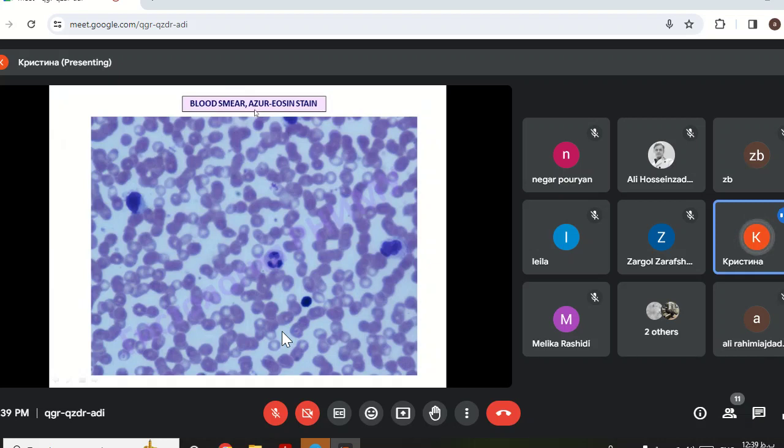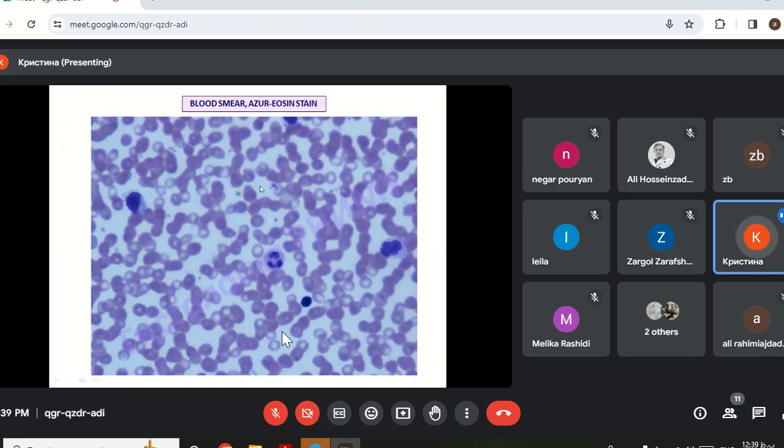Azure is also a basic stain as hematoxylin is, but azure is usually used for exactly blood smears. So the staining is called azure eosin.